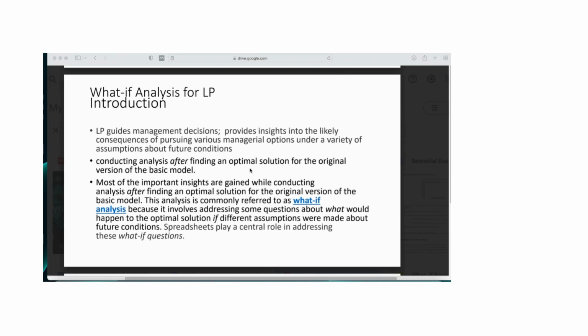Now, here, we'll be discussing what-if analysis within the context of quantitative analysis in management, or as it applies in quantitative managerial decision making.